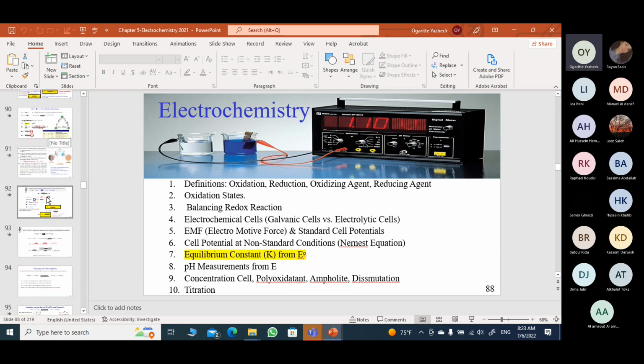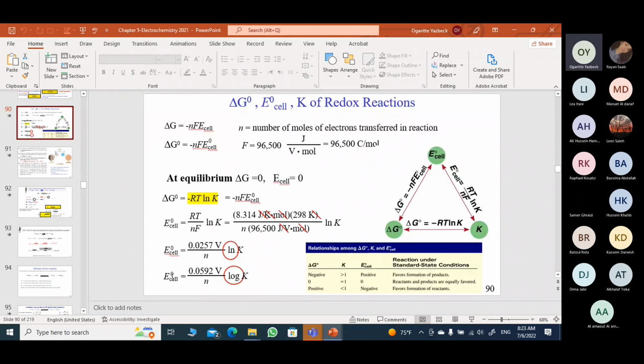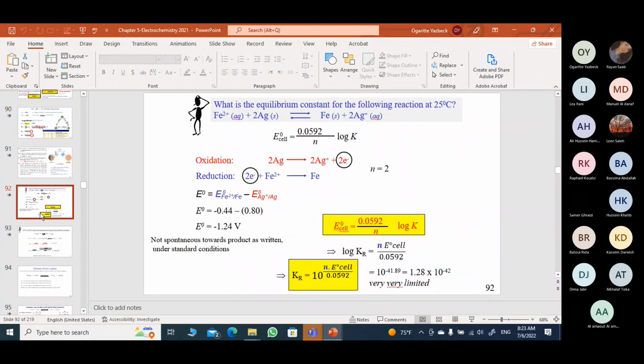So we already derived that E naught of the cell is 0.0592 divided by N log K. Or in terms of log K, it is N E divided by 0.0592. Okay, it depends on what you want.